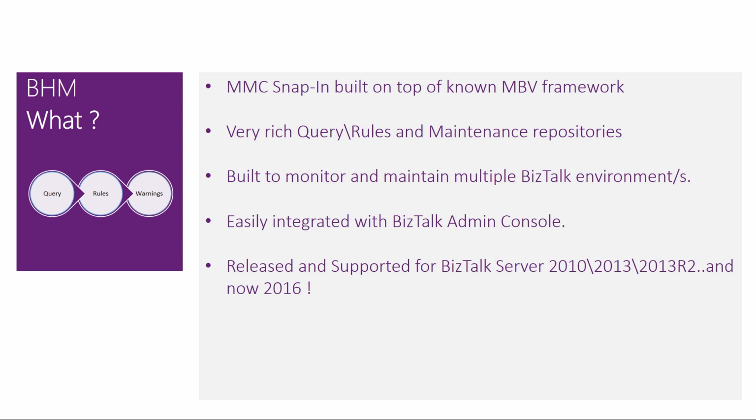So it used to support, how many of you know the MBV? So quite, yeah, that's good. So MBV, Message Box Viewer, it was a tool to, so let's say the BHM is the evolution of MBV. So we used to have an old tool to collect BizTalk telemetry or information about the health of the environment.